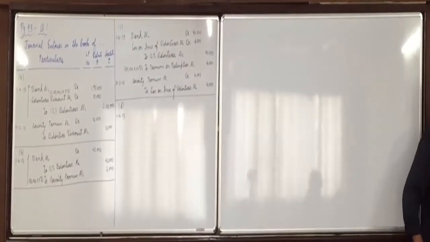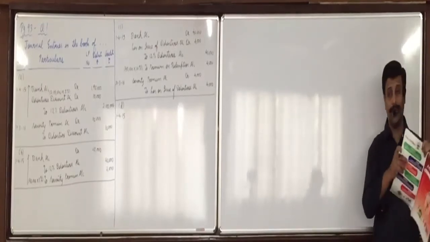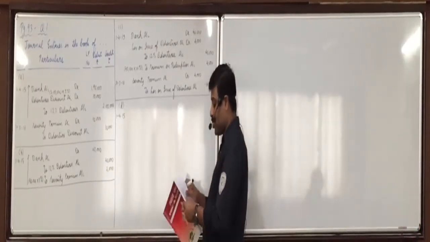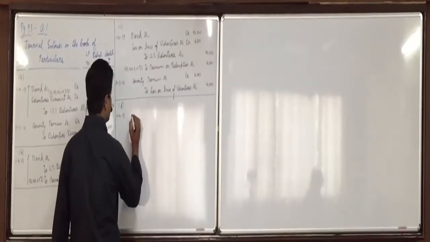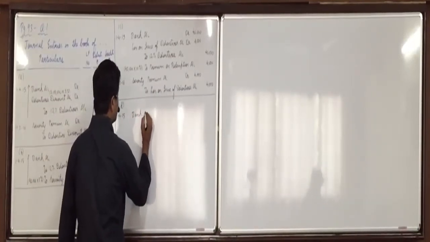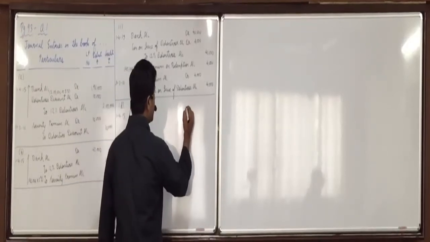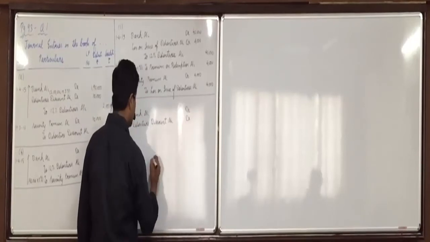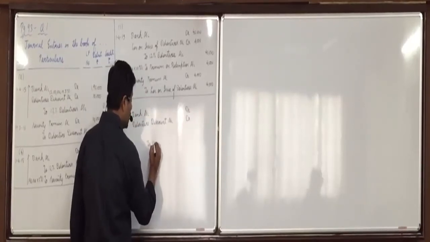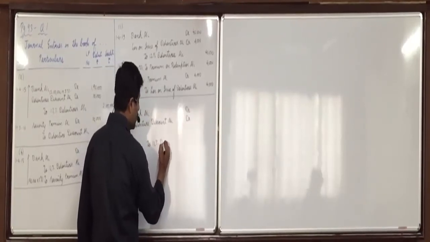Option D. So be a lender, I am solving it now. First of all, they are issued at discount. So the entry will be bank account debit, debenture discount account debit, then you will leave one line in between to 15% debentures account.